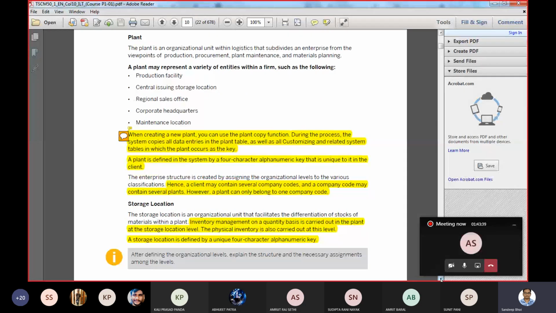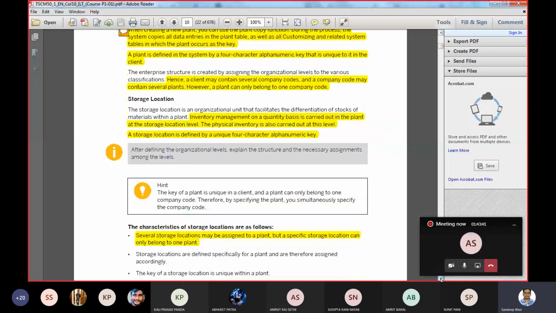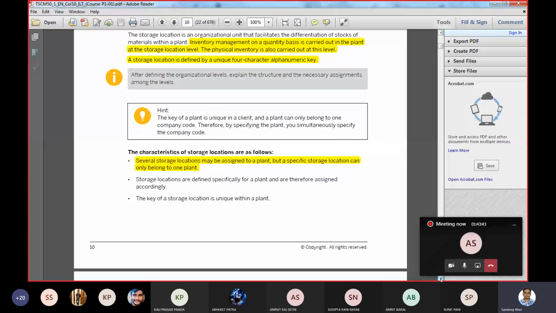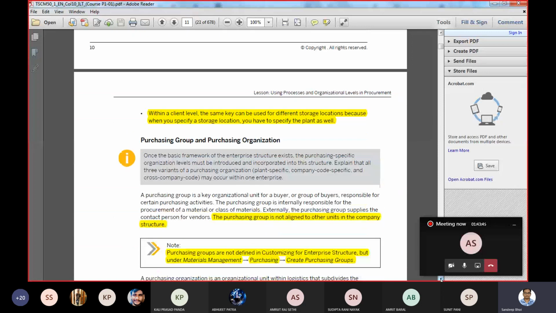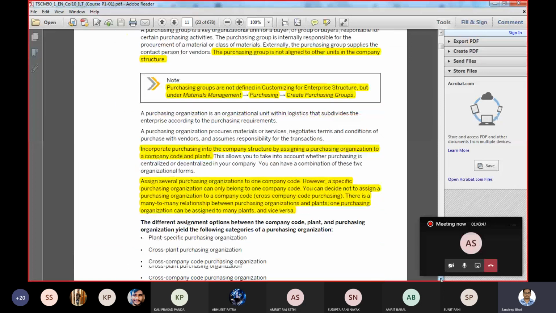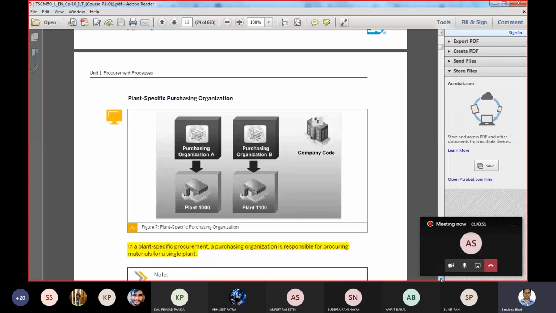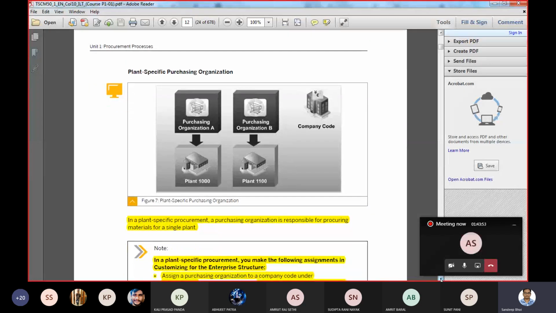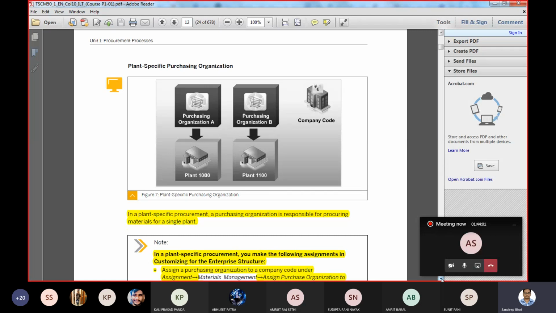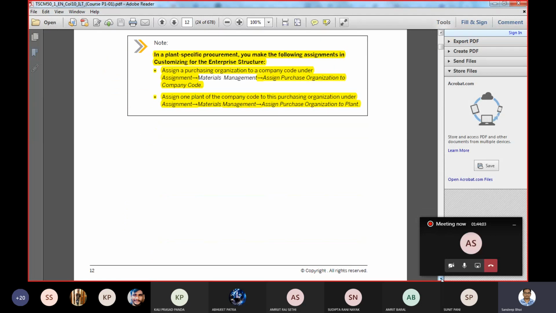I have also discussed the purchasing group and purchasing organizations, and plant-specific purchasing organizations. This is for an individual plant; the purchasing organization is separate for each individual plant. It is plant specific.